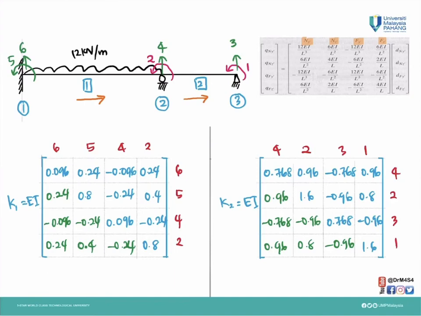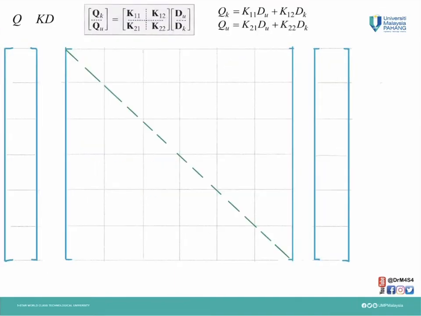Then we have to combine it for our structure stiffness matrix, and don't forget the formula is Q = KD. Since we have two members, the size of our matrix is 6 times 6. 1, 2, 3, 4, 5, 6.